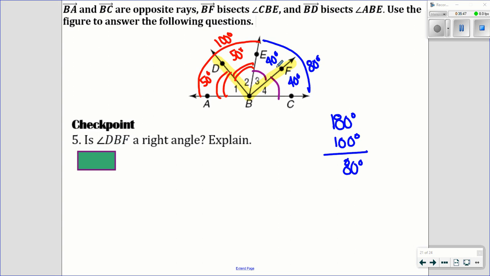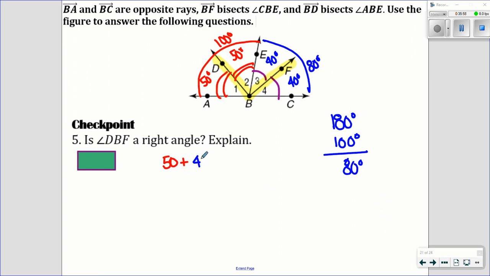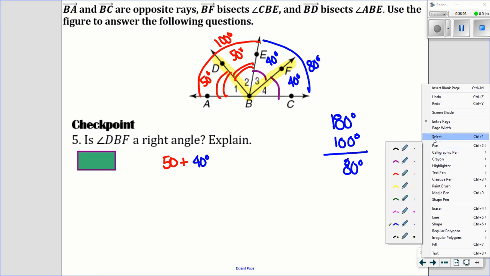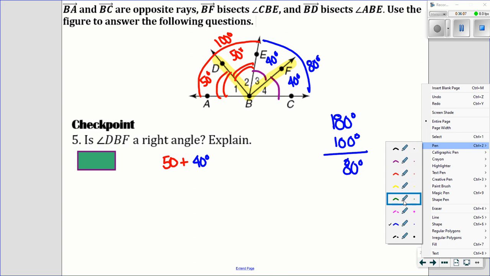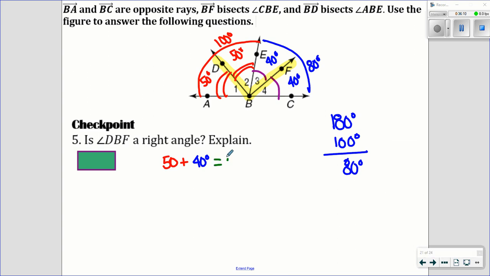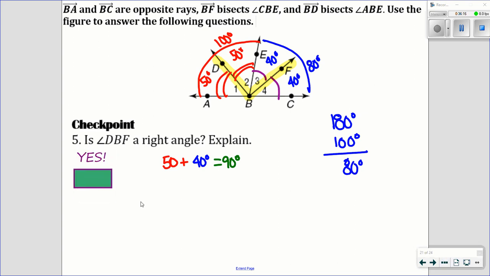You add them together. 50 plus 40 will give us 90. And is 90 degrees a right angle? Yes, it is. So that angle is a right angle.